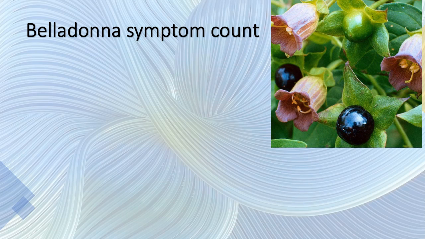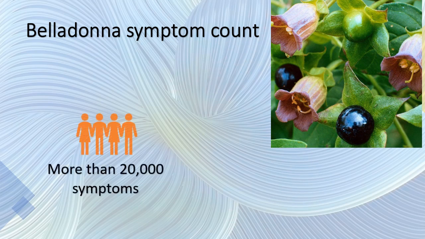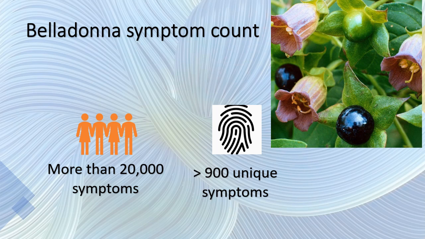Belladonna is a very important remedy, and we call these remedies polycrests. A polycrest means it produces many symptoms in many parts of the body, and they are very well documented. Belladonna produces more than 20,000 different symptoms, and out of these, more than 900 are unique. In other words, they are just like your fingerprint.